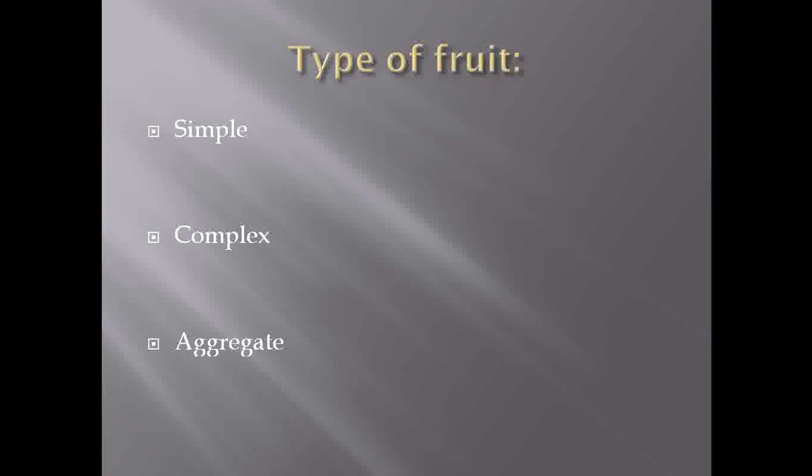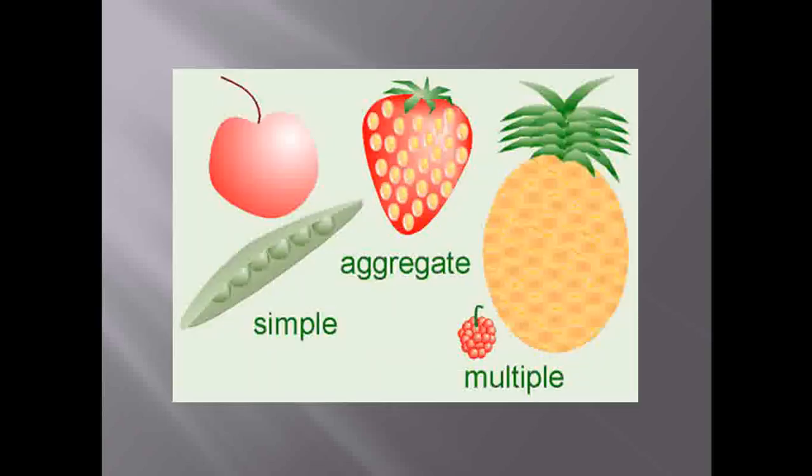Basically fruits are categorized into three types: simple fruits, complex fruits and aggregate fruits. See that these are examples of simple, aggregate, multiple or complex fruit.